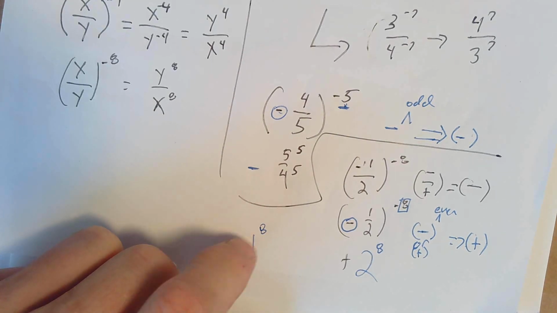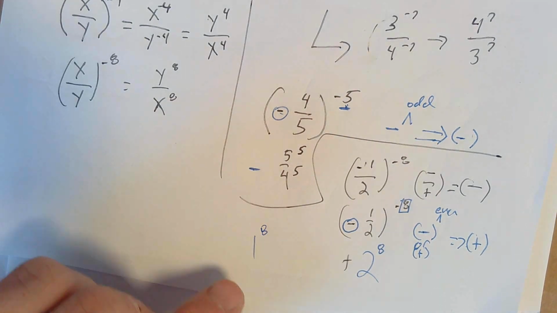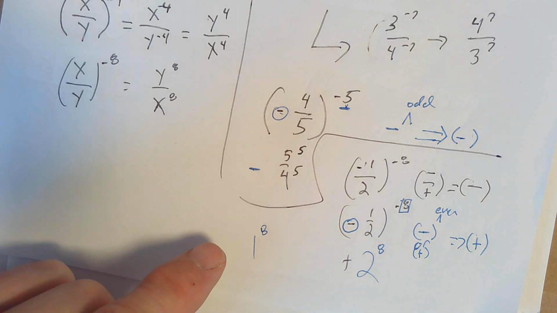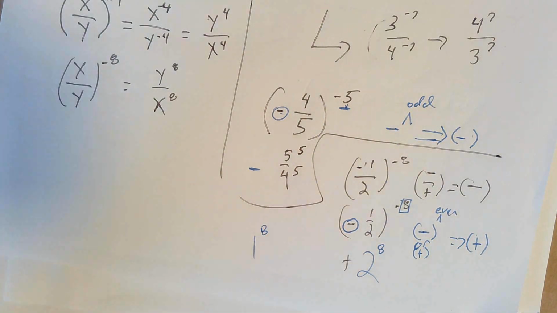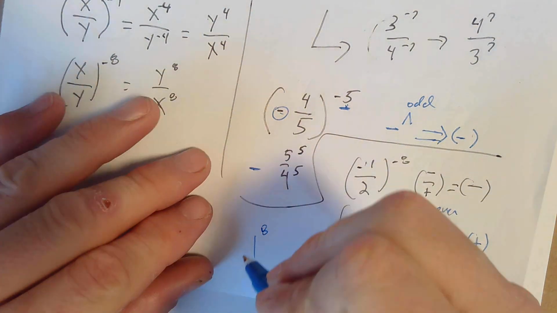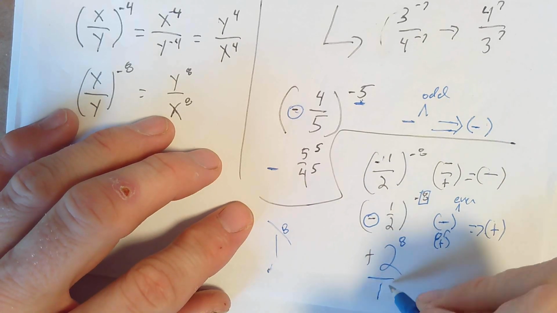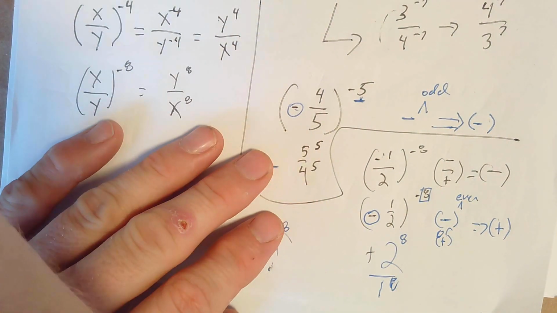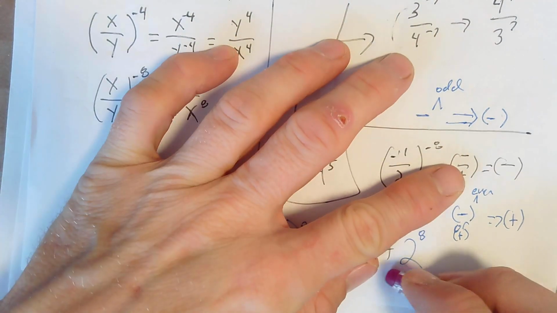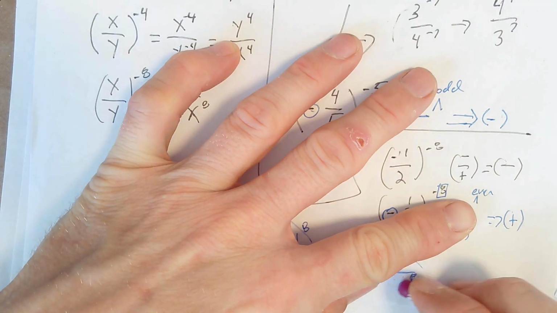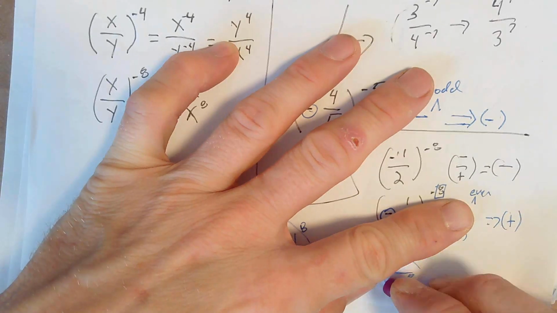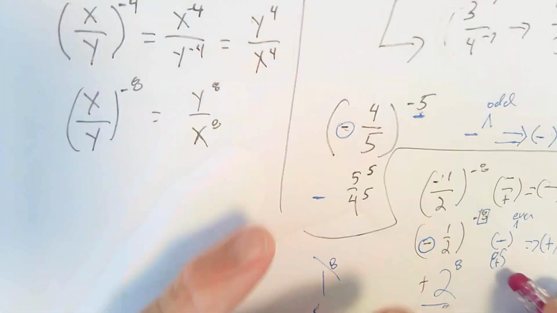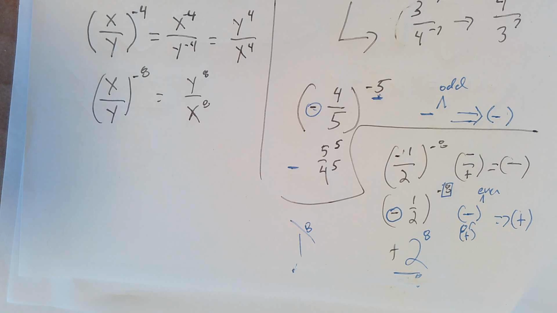It doesn't matter how many times I raise 1 to anything, it's going to be 1. So the 1s just disappear into themselves. I can show 1 to the 8th like this. I'm not wrong, it's just unnecessary, because 1 to the anything is itself. So this is 2 to the 8th.